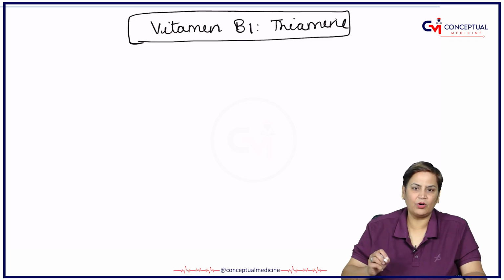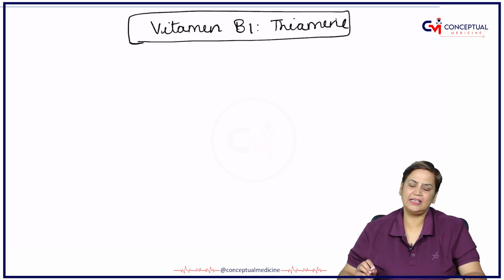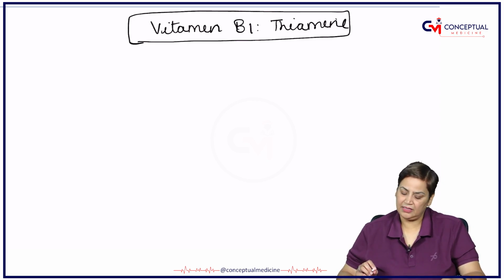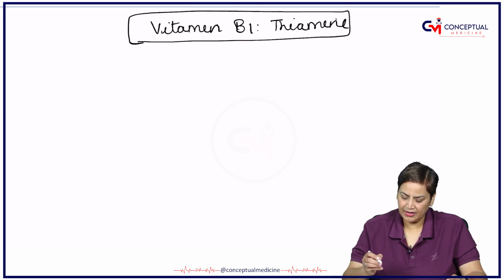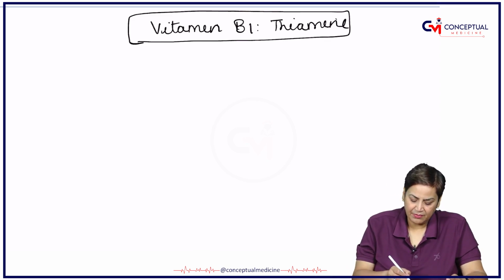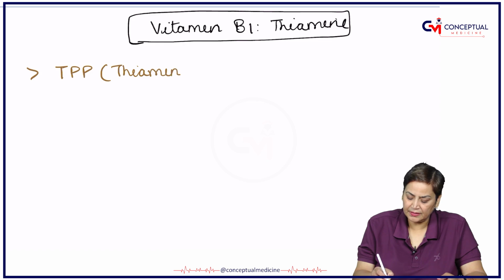Now we know it's a water soluble vitamin, so it is never stored in the liver or in the body. Once their function is over, they are excreted in the form of urine. This thiamine is active in the form of TPP, which stands for thiamine pyrophosphate.